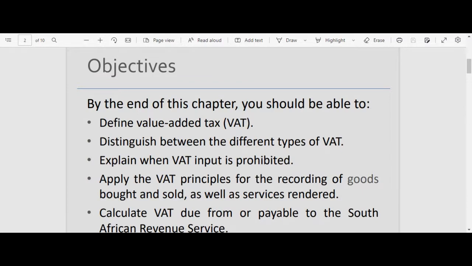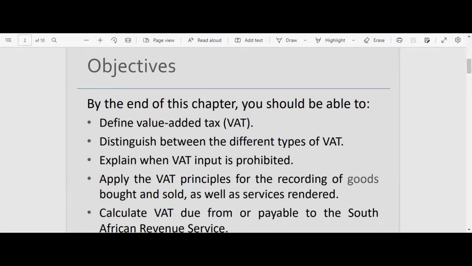The input VAT is the VAT that a business pays to a supplier of theirs, in other words on their purchases and acquisitions. So if the business acquires something from a supplier and pays value-added tax to the supplier, that is referred to as the input tax.